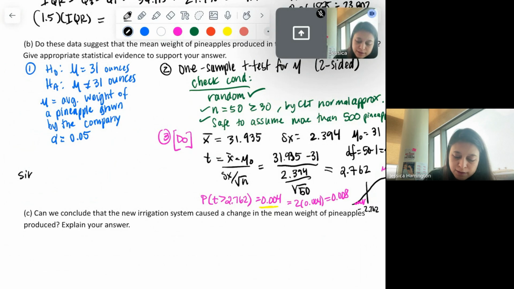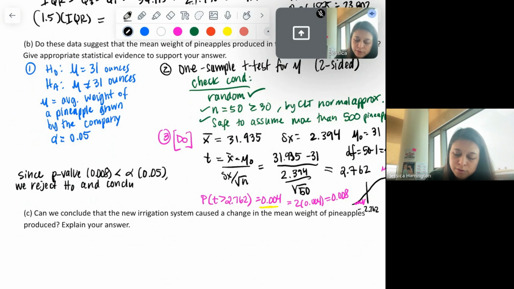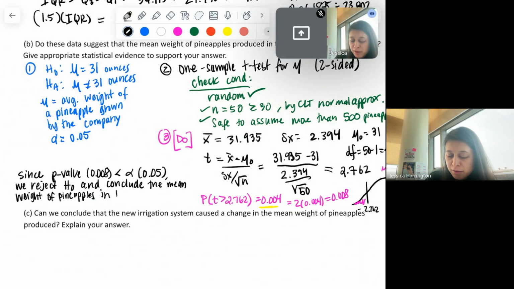I'm going to say, since our p-value 0.008 is less than alpha, which we use 0.05, we reject H naught and conclude, or you could say it is safe to reject the null hypothesis and conclude the mean weight of pineapples, you could say in the company's field or in this year's crop, is not 31 ounces, right?